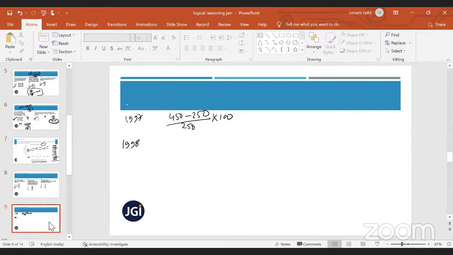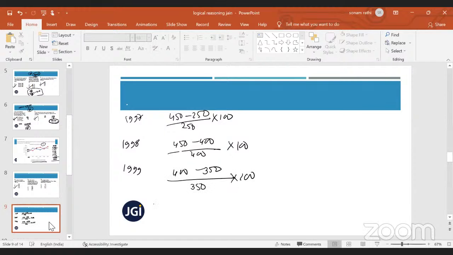For 1998, 450 minus 400 upon 400 into 100. For 1999, 400 minus 350 upon 350 into 100. For 2000, 450 minus 350 upon 350 into 100. So when you calculate it, you have to find the maximum percentage.